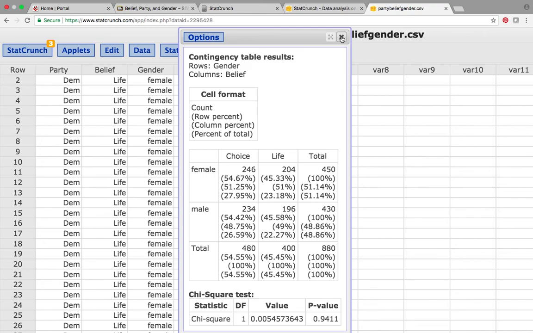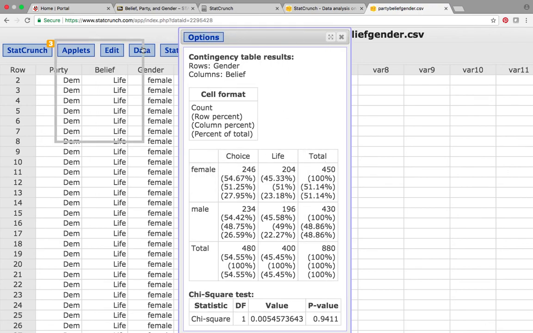Now we'll ultimately get into whether relationships are statistically significant, and I'll talk about that a lot more at the proper time, but we would not have statistical significance here, meaning that there just doesn't appear to be any relationship between whether someone is pro-choice or pro-life and their gender.